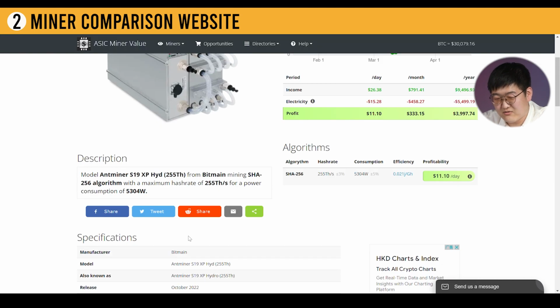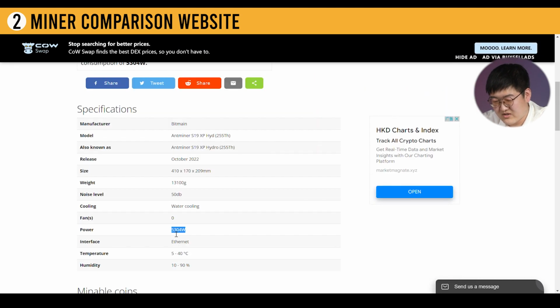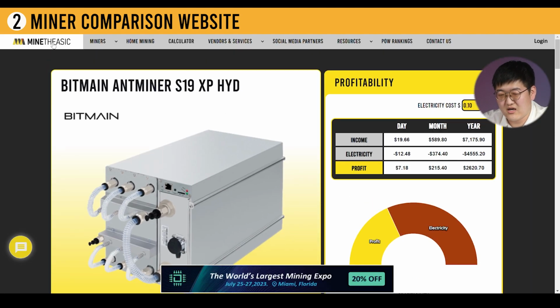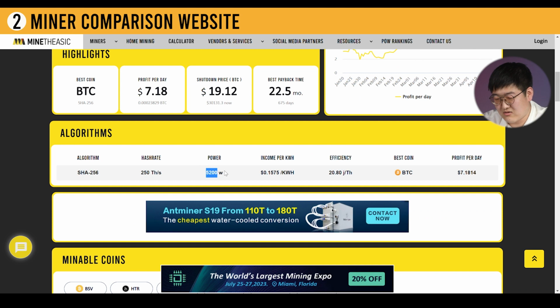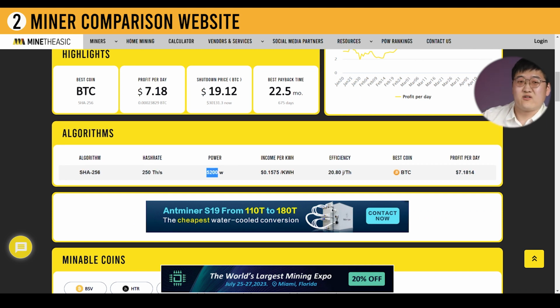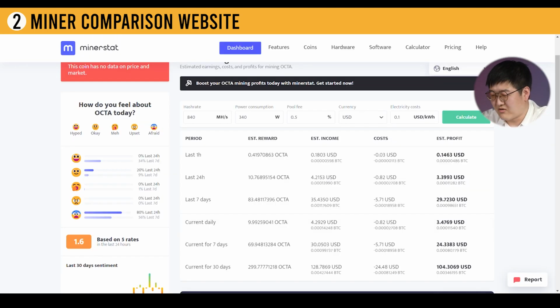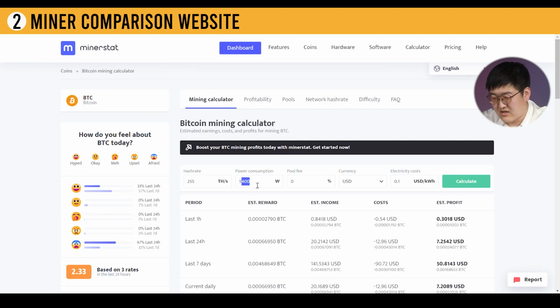In ASIC miner value, it said it's over 5,300 watts, and in MyZ ASIC it says it's over 5,200 watts. So if all these figures are different, it will affect your final calculation of your daily profit. I'll just go with maybe the middle.